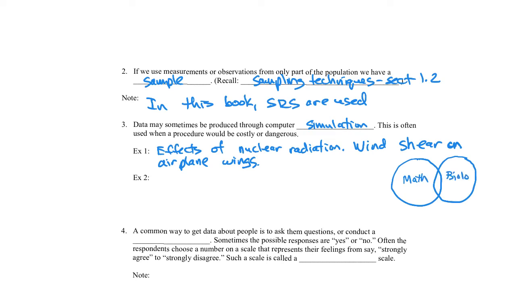who live right here. It turns out that when college students go into grad school, typically you've got math students who are really good at math, or you've got biology or life science students, but we don't have a lot of people right here in the middle.